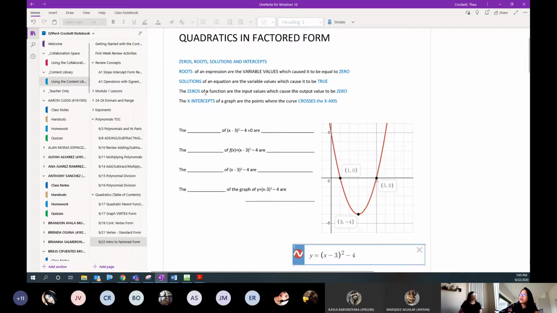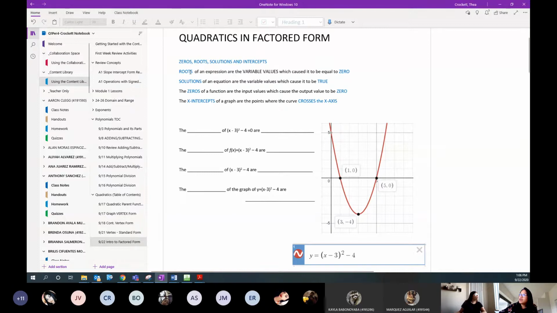The third word is zeros, which is the same thing as the two other words, but we use it for functions. And then the last word is x-intercept, which is used when you're graphing, when you're given a graph.